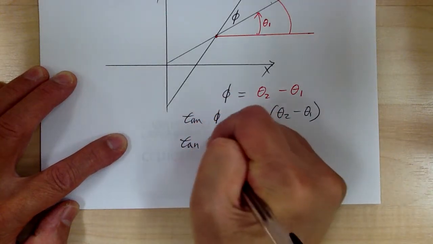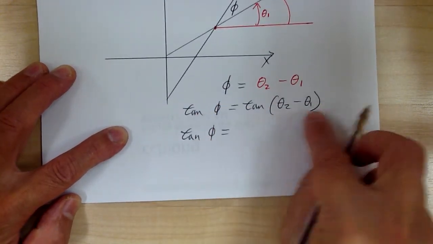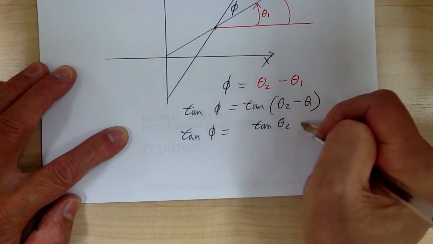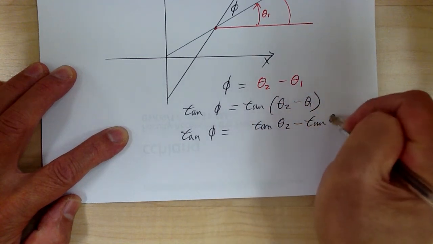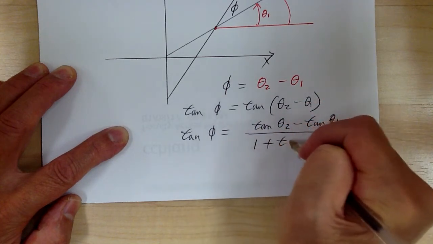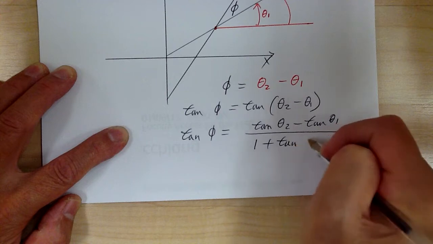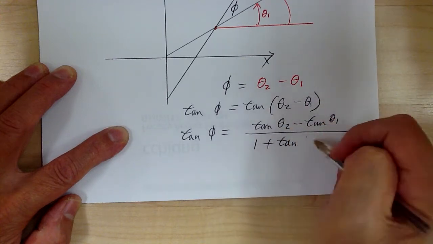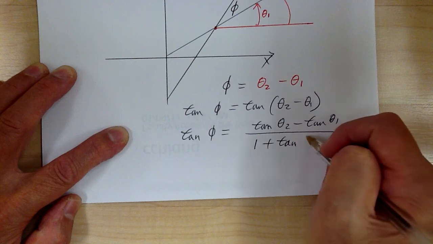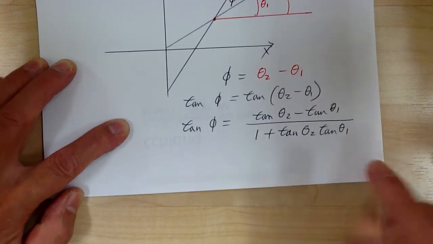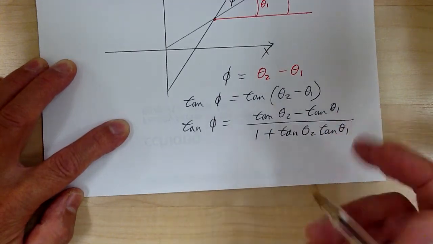So tangent phi, using the difference identity, you get tangent theta 2 minus tangent theta 1 over 1 plus tangent theta. Okay, since it's a multiplication, I'm going to switch it around. So technically it's tangent theta 2 and tangent theta 1, right? But remember this is switchable, right?